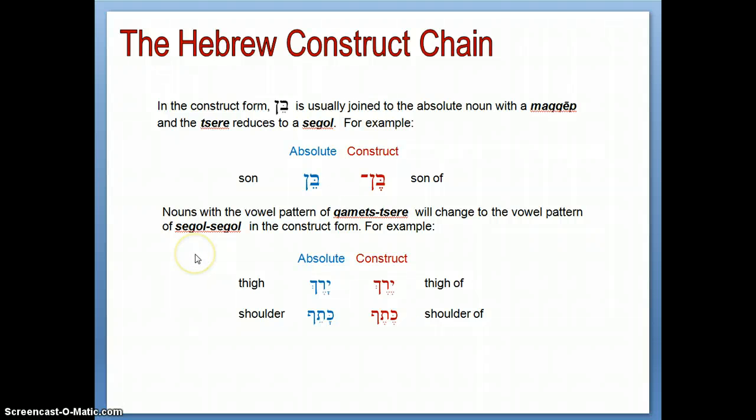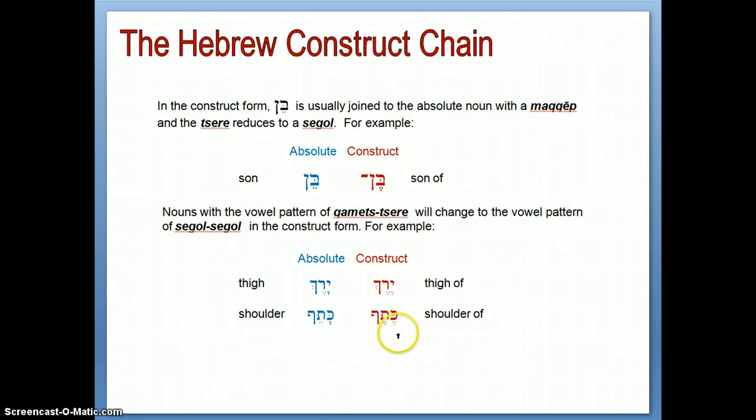Nouns with the vowel pattern of qamets tsere will change to the vowel pattern of segol segol in the construct form. For example, here are two words that we don't have in our vocabulary yet. One is thigh and one is shoulder. Notice that the word for thigh, yarek, turns into yerek, with a little reduction there to a segol under the yod instead of a qamets under the yod. The same thing happens with shoulder.